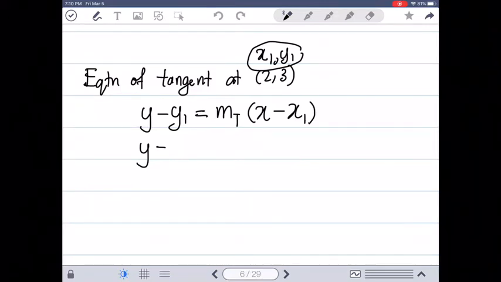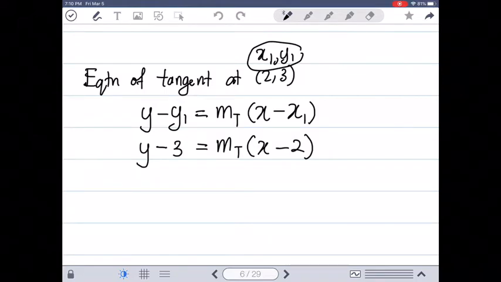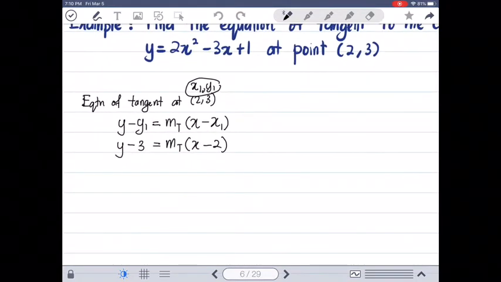So y minus 3 is just equal to mt times x minus 2. The thing is, what is mt? We know that mt is just equal to dy over dx at x equals 2.